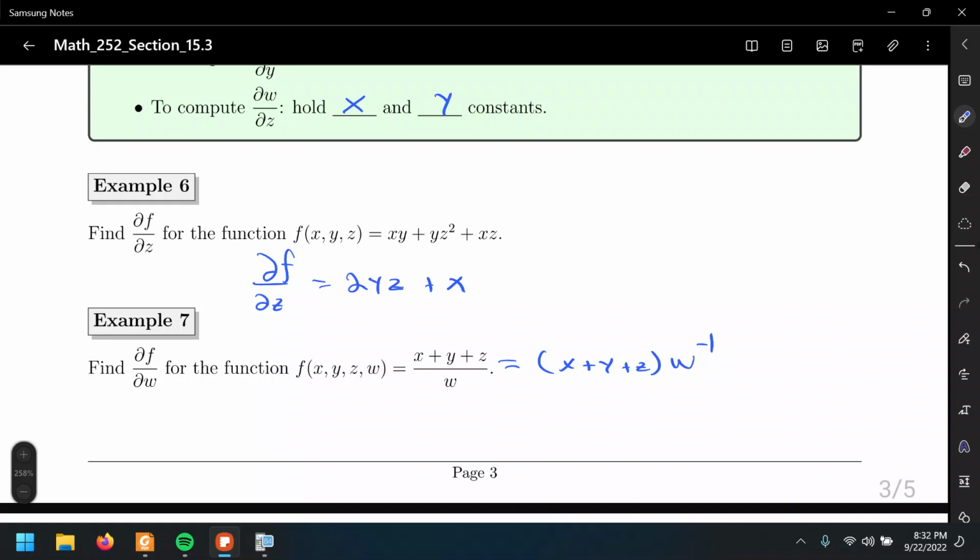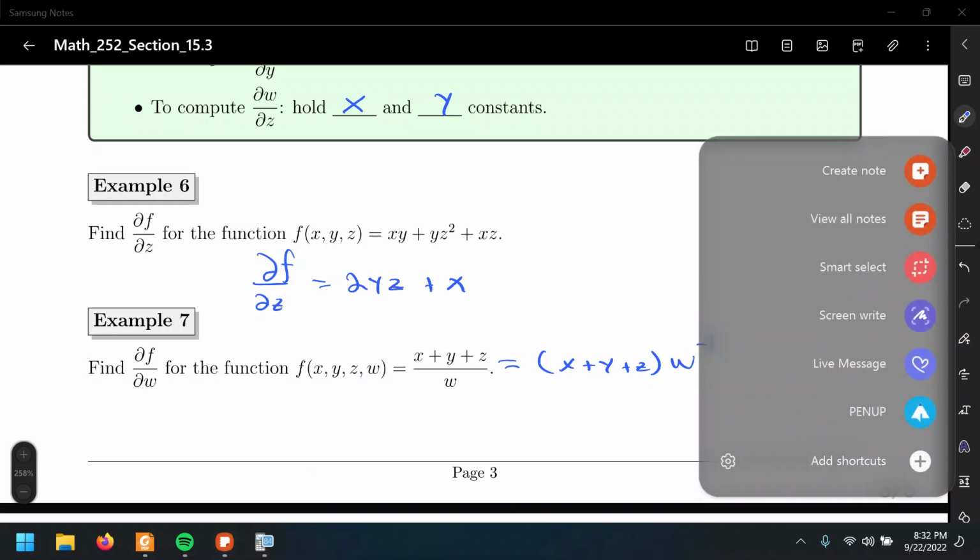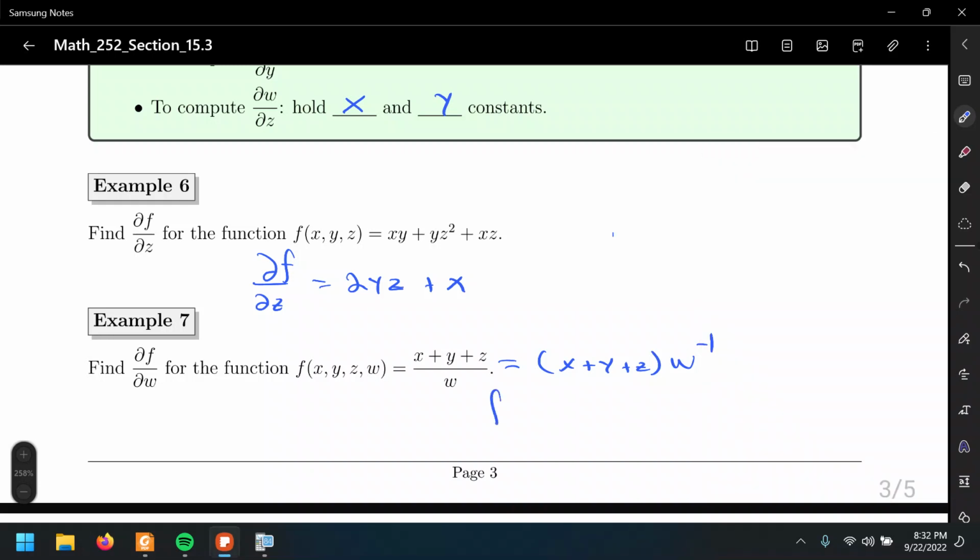So the derivative of w to the negative 1 is negative 1 times x plus y plus z, w to the negative 2. And the remaining is just writing it nicely: negative, x plus y plus z over w squared.